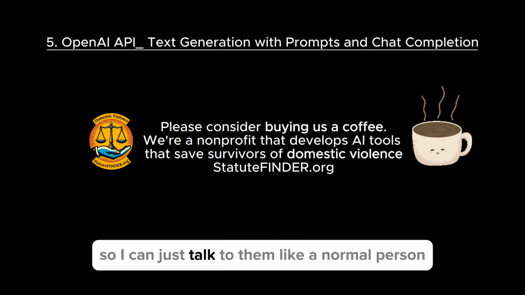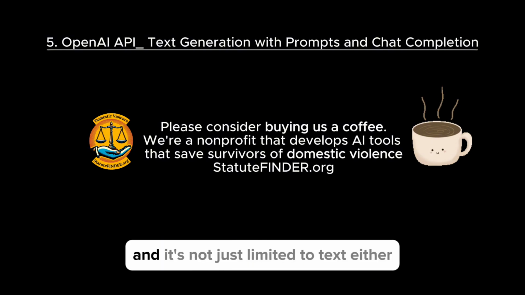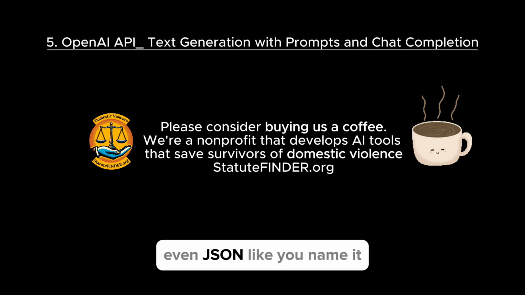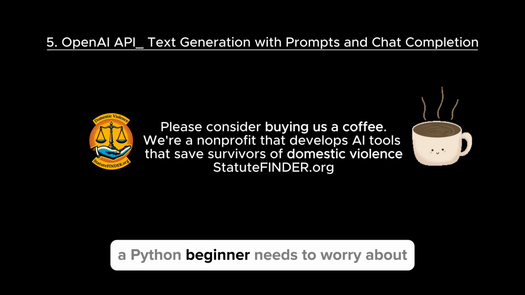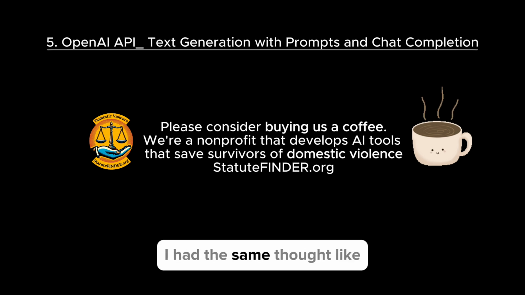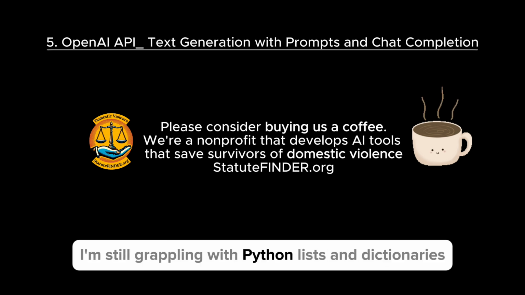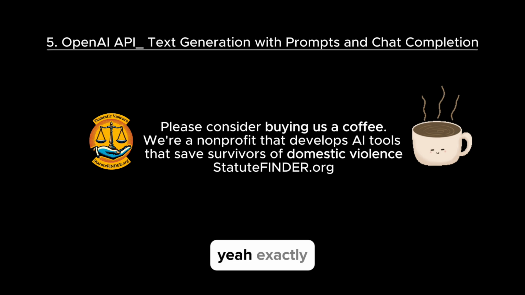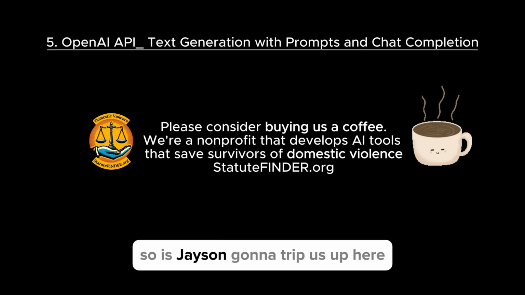Interesting. So I can just talk to them like a normal person. Pretty much. Yeah. And it's not just limited to text either. They can also generate code, equations, even JSON, like you name it, they can probably do it. Hold on, JSON? That sounds a little intimidating. Is that something a Python beginner needs to worry about? I had the same thought. I'm still grappling with Python lists and dictionaries. Yeah, exactly. So is JSON going to trip us up here?